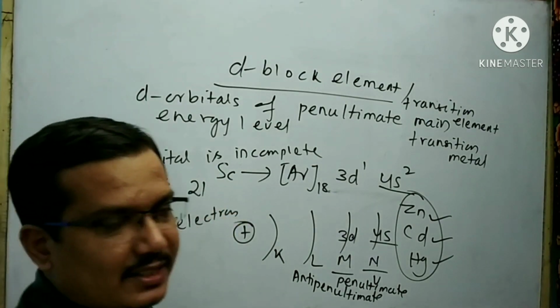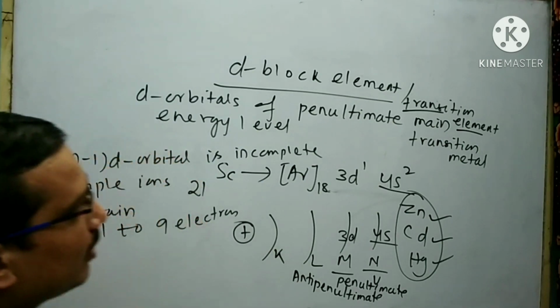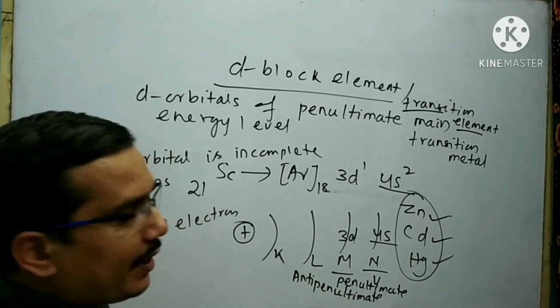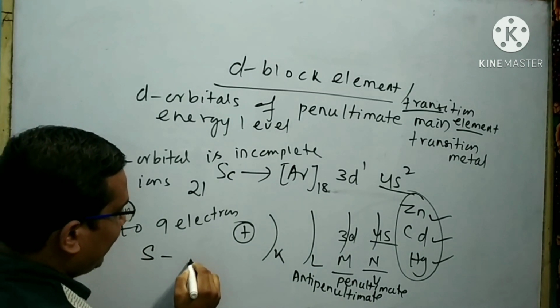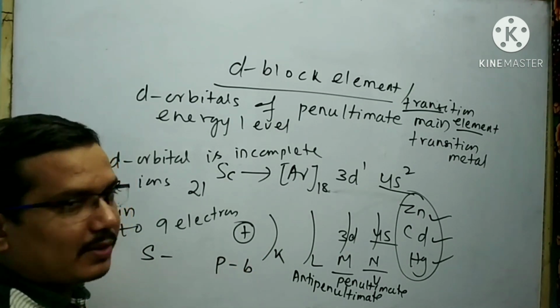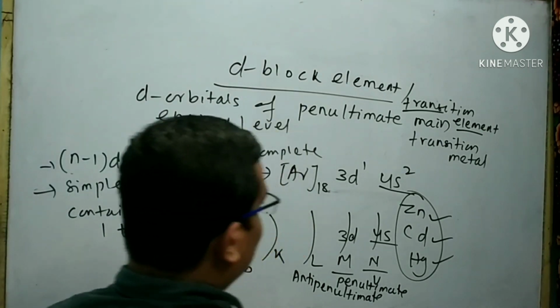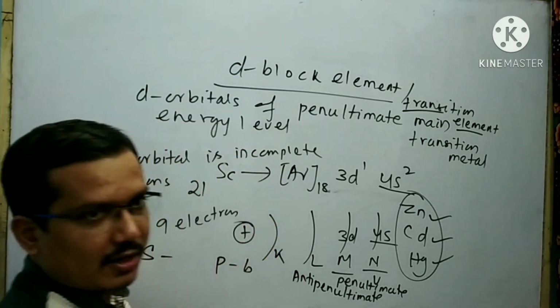The d block elements are called transition elements because their properties lie in between the properties of s block elements and p block elements. The electrons of the d block elements are gradually filled in the inner d orbital.